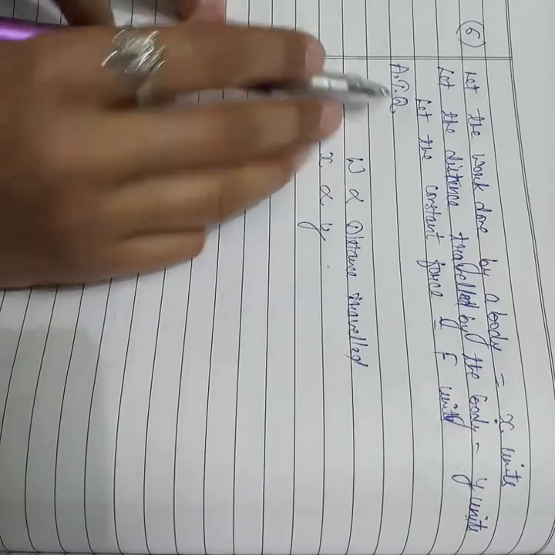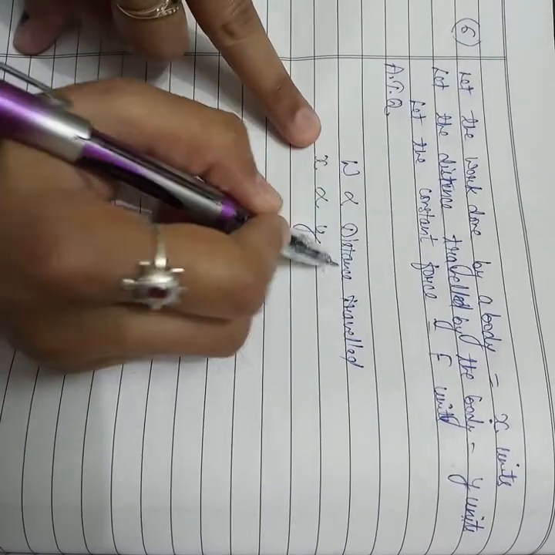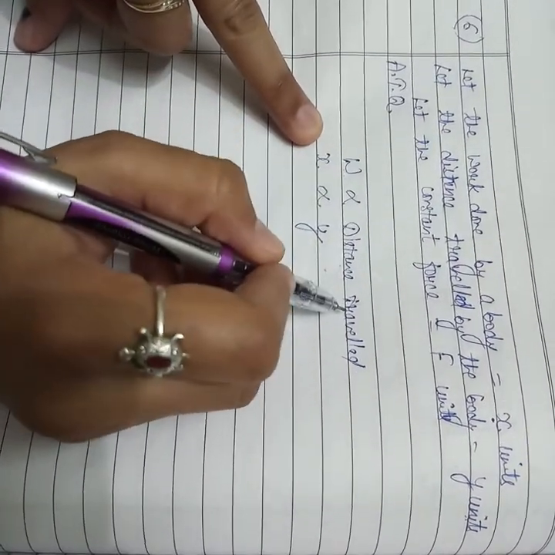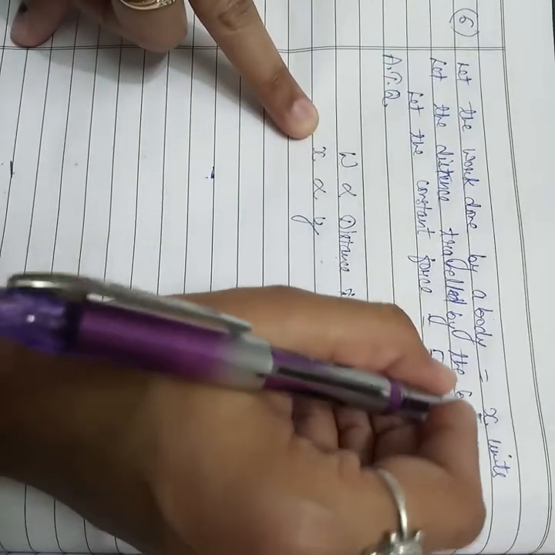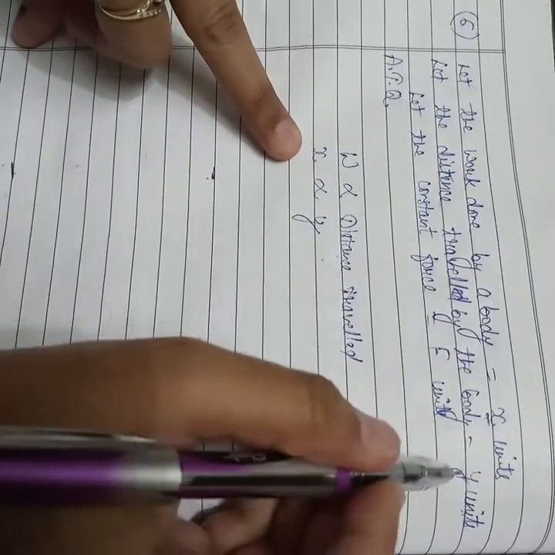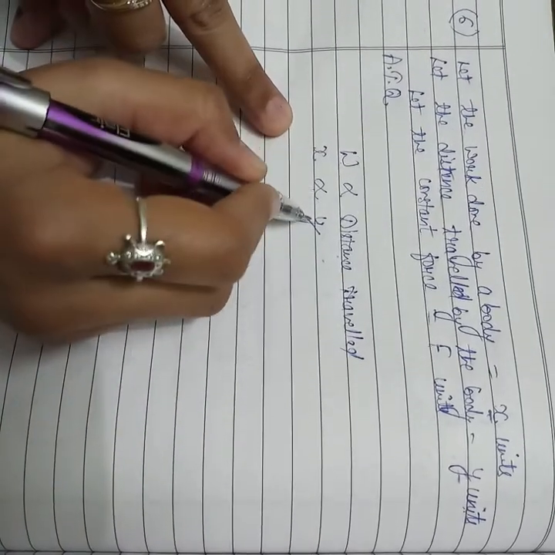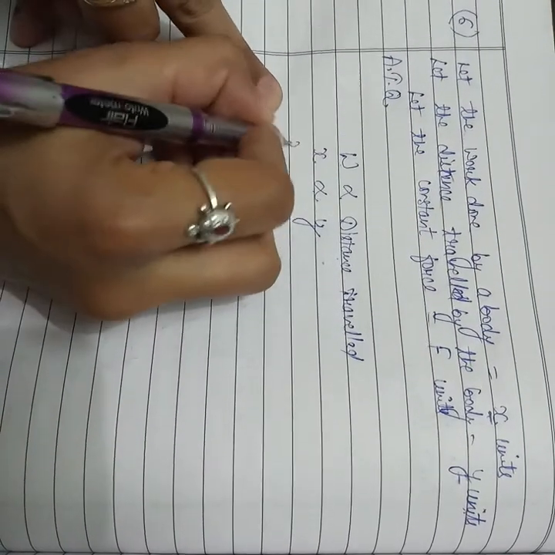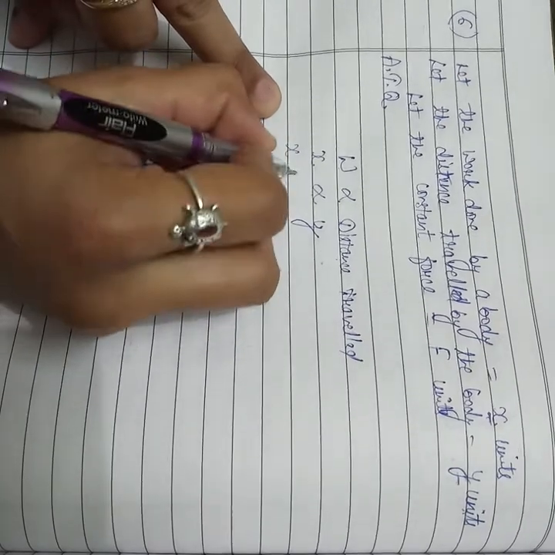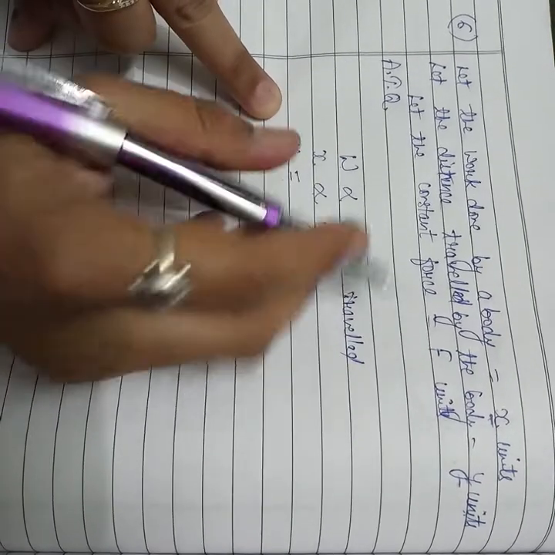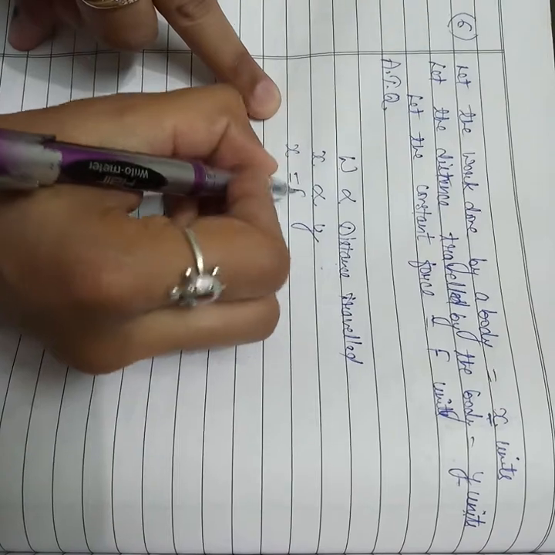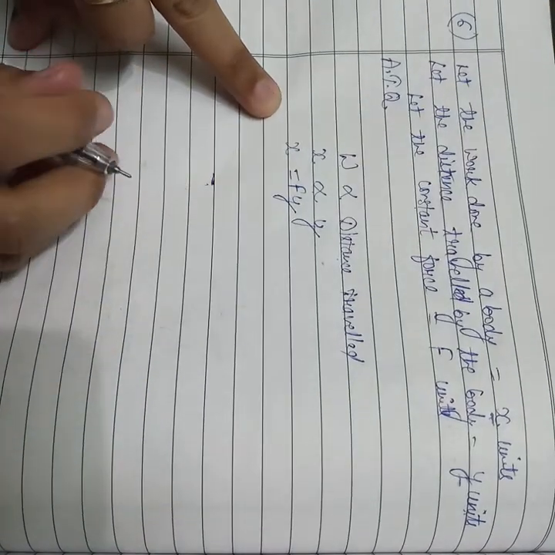Now according to the question, work done is directly proportional to the distance traveled. Work done is represented by x and distance traveled is represented by y. So x is directly proportional to y. Whenever we change proportionality into equality, we use a constant, and here the constant is F, so x equals F into y.